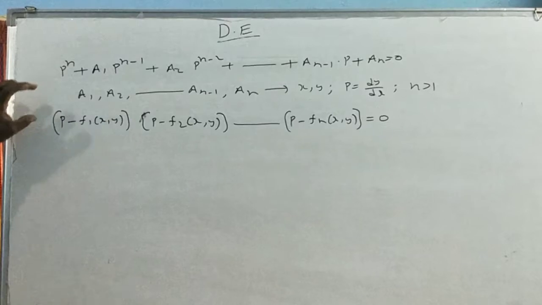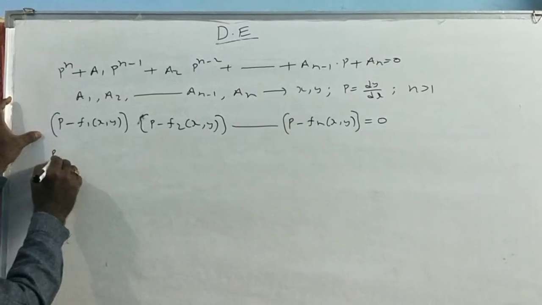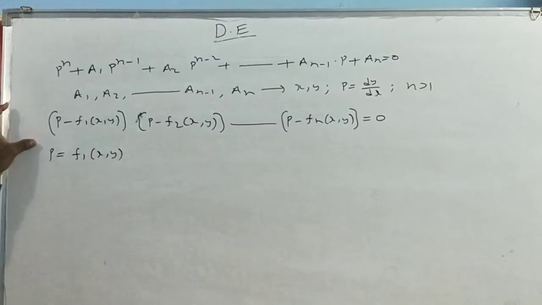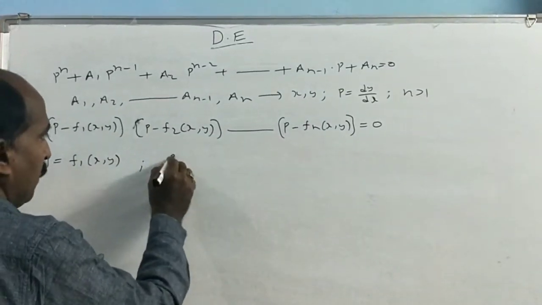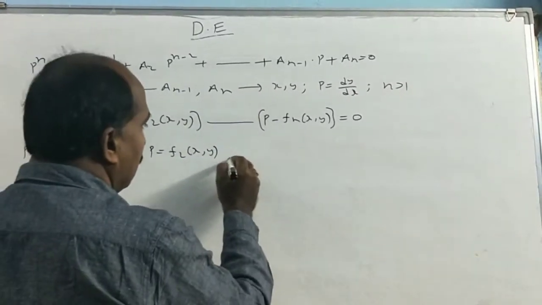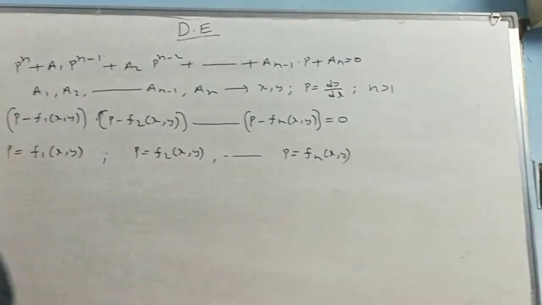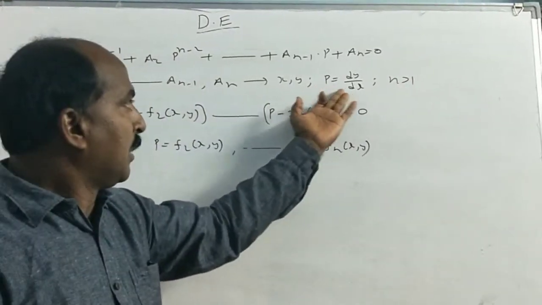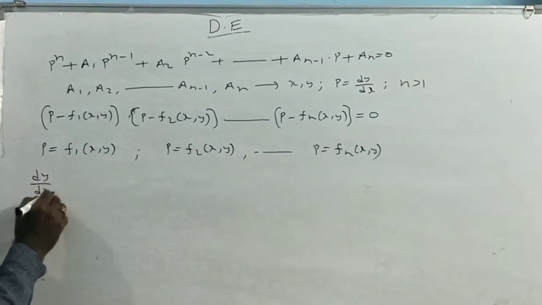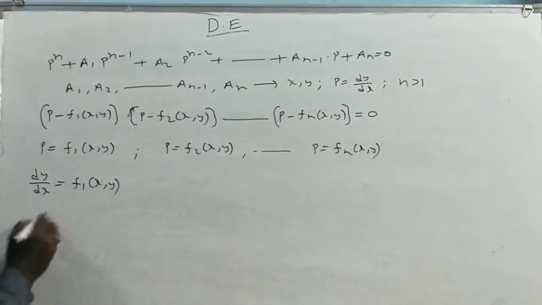On solving for p, we get the first one, p equal to f1 of x, y. Second one is p equal to f2 of x, y. Last one is p equal to fn of x, y. We know that p is nothing but dy by dx. So dy by dx equal to f1 of x, y.